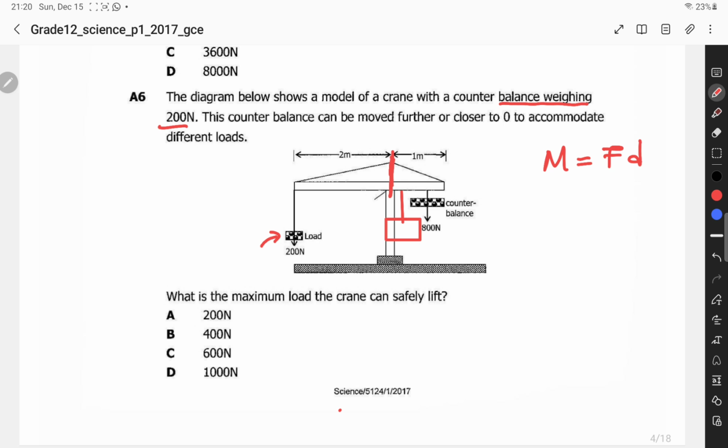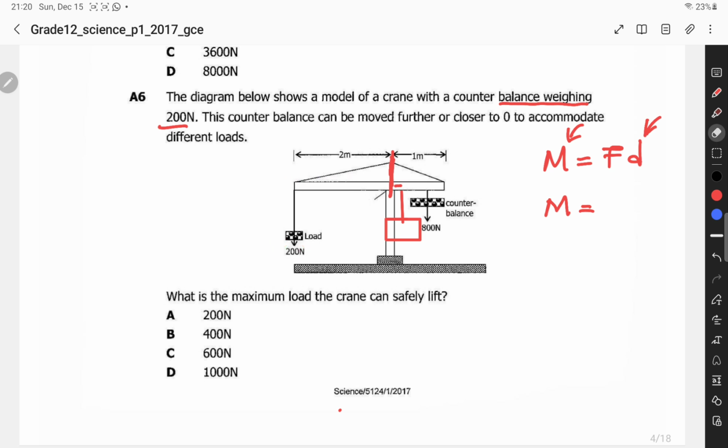So when the distance is small this side, for the same counterbalance of 800 newtons, the moment is going to be smaller. Yet the load on the other side will still be at a further distance from the pivot, meaning even though the force is small for the load, when you multiply it with that big distance, the product might still balance the clockwise moment caused by the counterbalance, so that the system remains in equilibrium.